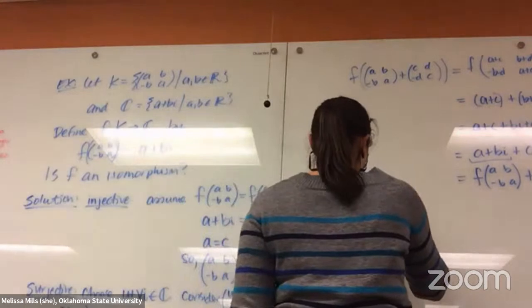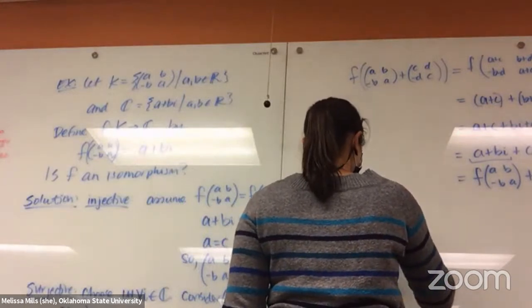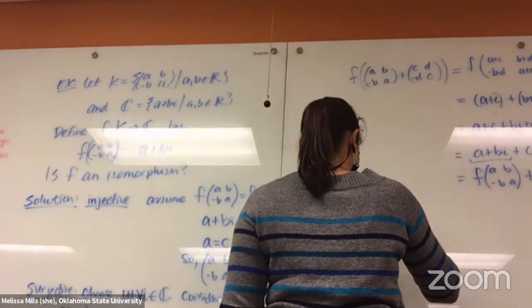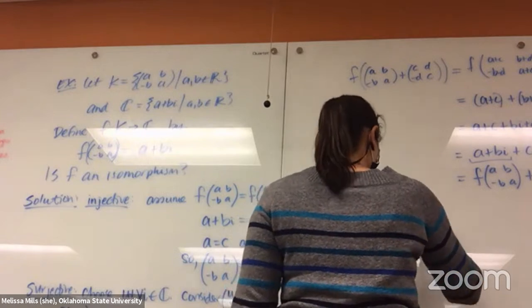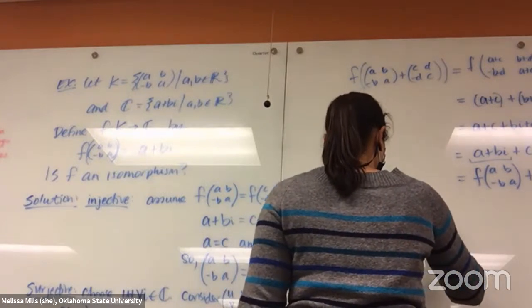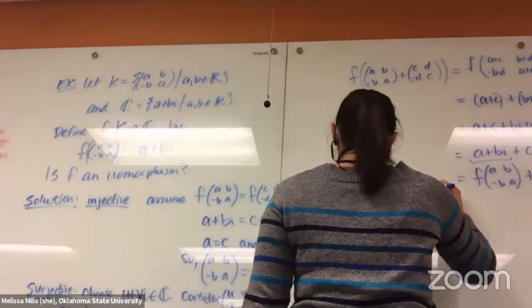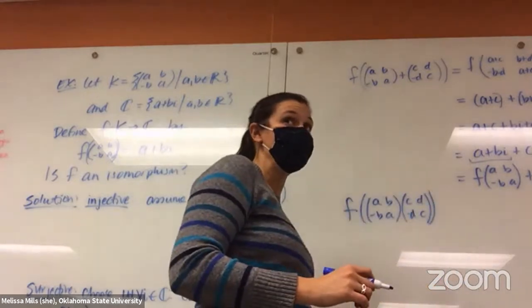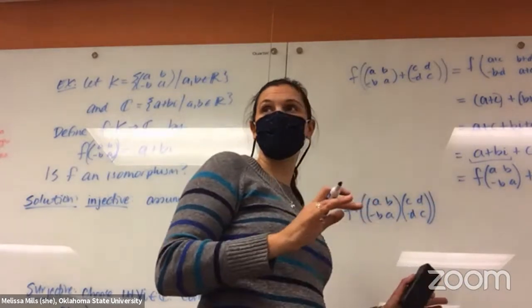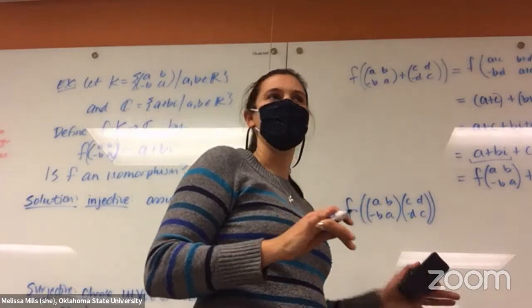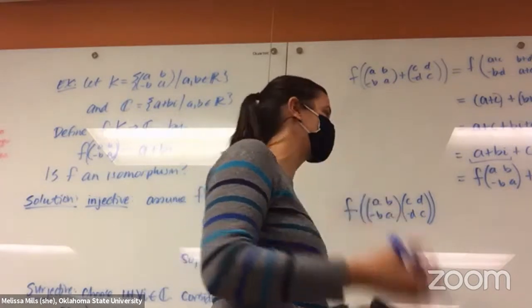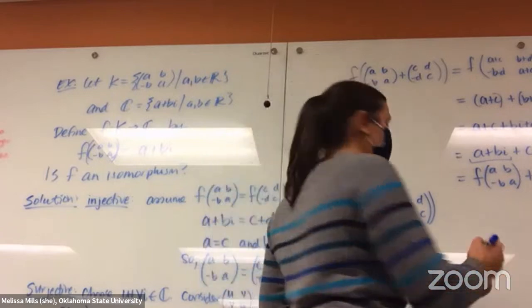Okay, so A, B, minus B, A multiplied by C, D, minus D, C. This is where I'm feeling like things might break down because matrix multiplication is a little weird, but maybe it'll be okay. I actually didn't work this one out yet, so I don't know.